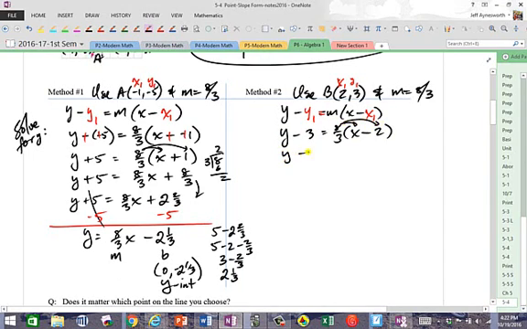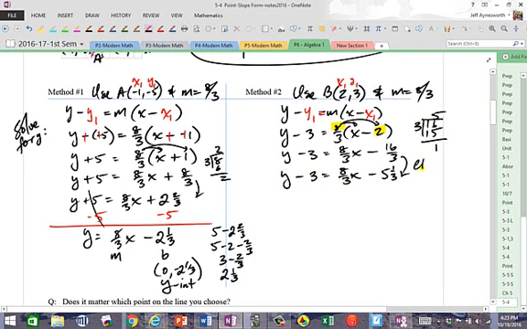So I have y minus 3 is equal to 8/3 times x. That's the easy part. When you multiply fractions times whole numbers, you simply multiply the numerators. Since 8 times 2 is 16, we get 16/3. What is 16/3? 16 divided by 3 is 5. 5 times 3 is 15, remainder 1. So what we have is y minus 3 is equal to 8/3 times x minus 5 and 1/3.